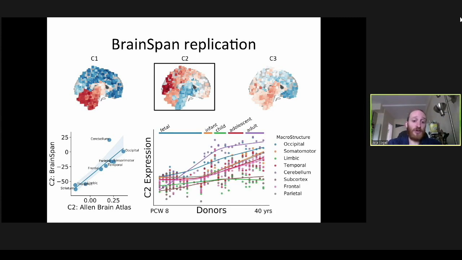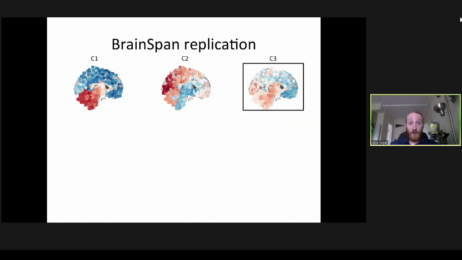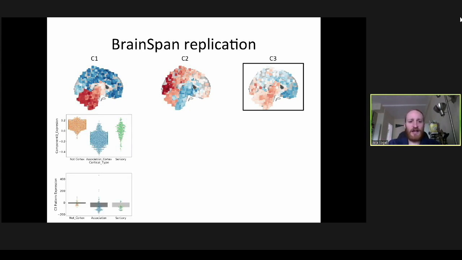And again, component 2 expression began differentiating structures prenatally. But interestingly, this process seemed to continue through into adulthood. So finally, component 3, as I said before, differentiated association cortex from sensory cortex, and we were not able to replicate this result in BrainSpan, so we didn't further investigate its evolution through brain development.